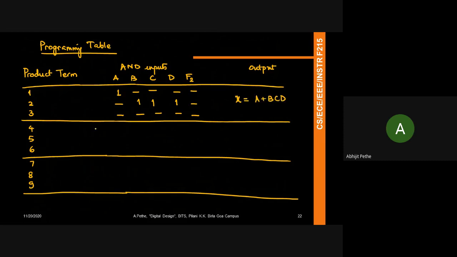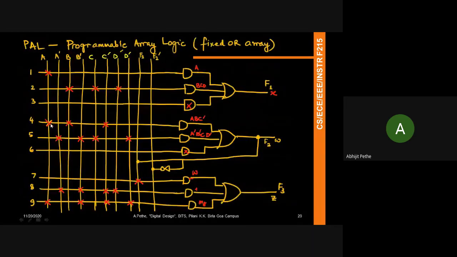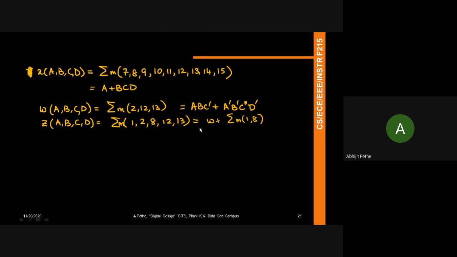Similarly for 4, 5, 6, let's quickly write. For 4, 5, 6, I have to give 1, 1, 0 dash. So my programming table here will be 1, 1, 0 dash dash.